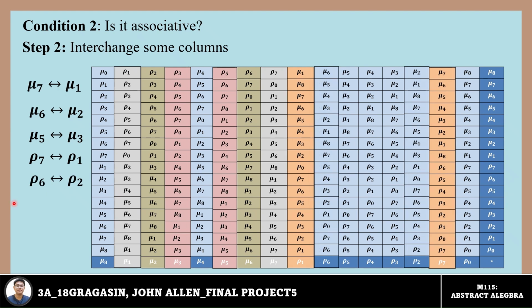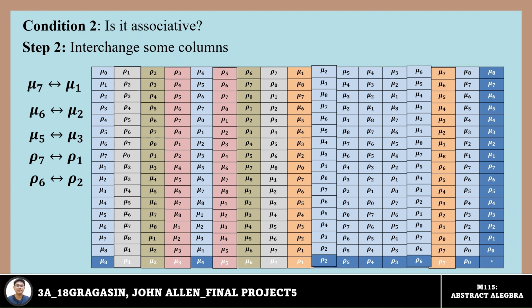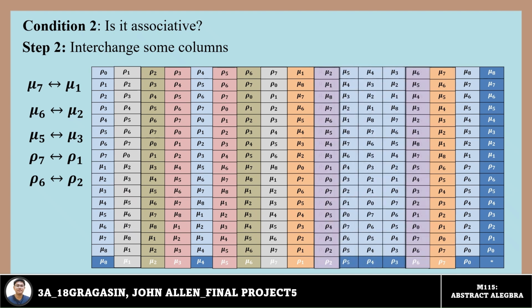And then for the next one, we need to interchange rho sub 6 and rho sub 2. So this is the column of rho sub 6 and this is the column of rho sub 2. We will interchange it. Then we have this.